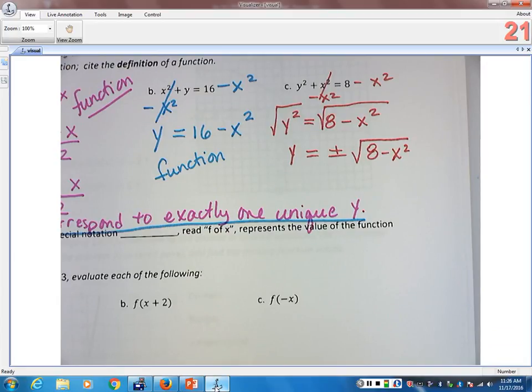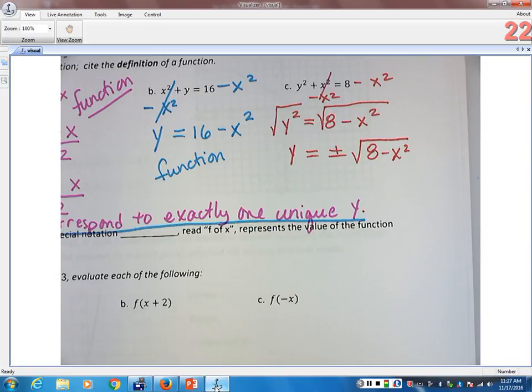So it's going to be plus or minus the square root of the quantity 8 minus x squared. So for example, if I put in 2 for x, it's 8 minus 2 squared, which is 8 minus 4.